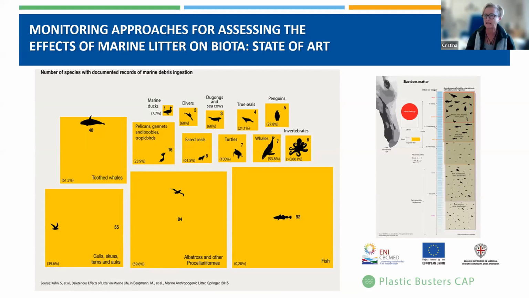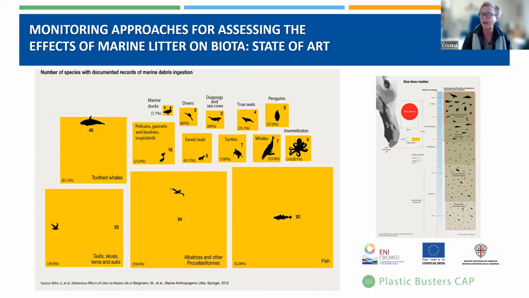And obviously, as we have focused with Matteo and Dario, we have some very emblematic bioindicator organisms such as sea turtles, marine mammals, and particularly some fish species that can be strongly exposed to the impact of macrolitter and microplastic. And in relation to the size of the species, the size class of the microlitter can be completely different.